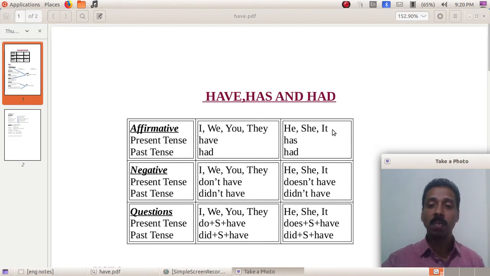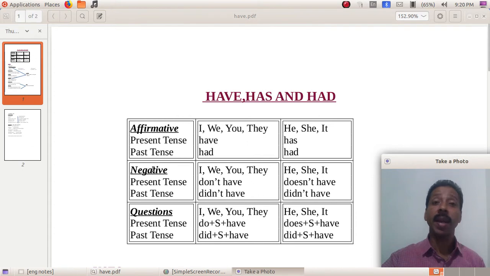So with the third person singular pronouns, has is to be used. It's a basic thing. With I, we, you, and they, have is to be used. He, she, and it, has is to be used in present tense. But in past tense, with all the pronouns, with all the nouns, had can be used. There is no difference. The difference is only in present tense, and in past tense, had is to be used.